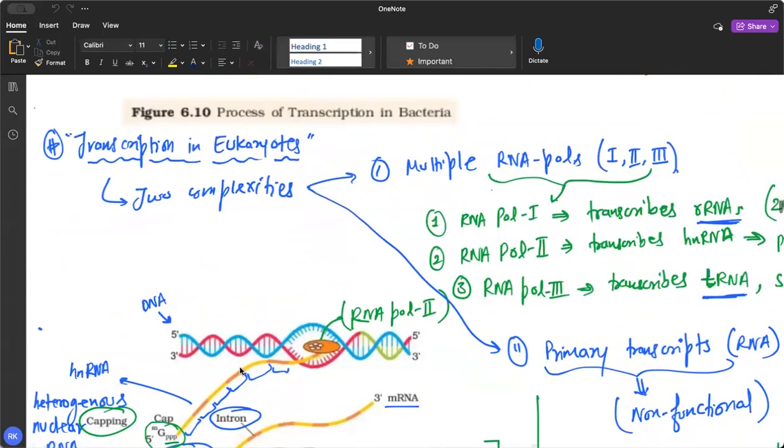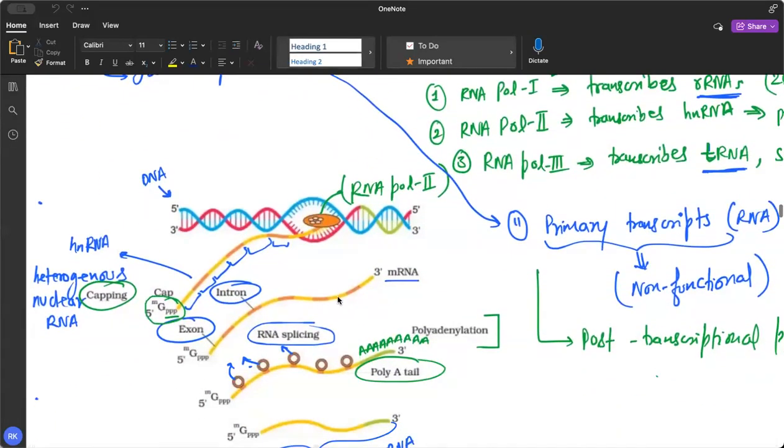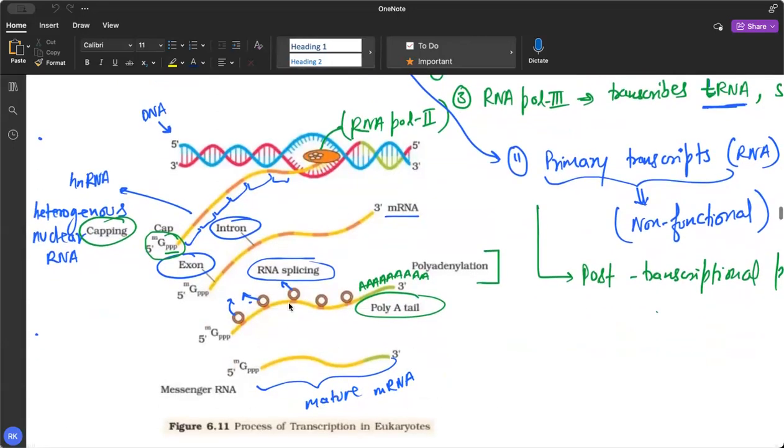Yeah. But in case of eukaryotes, even when the mRNA is fully synthesized, first there is a capping and tailing that happens to protect the mRNA. Then there is splicing that happens to remove the introns. And finally, the mature mRNA is ready.